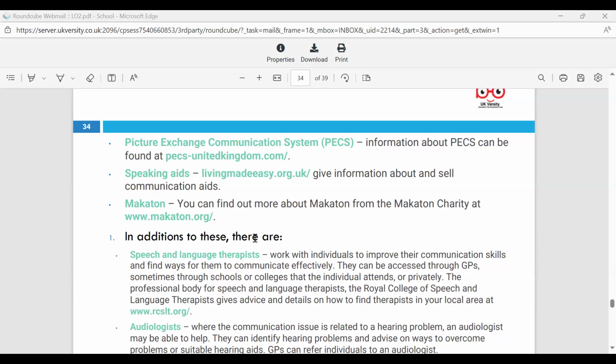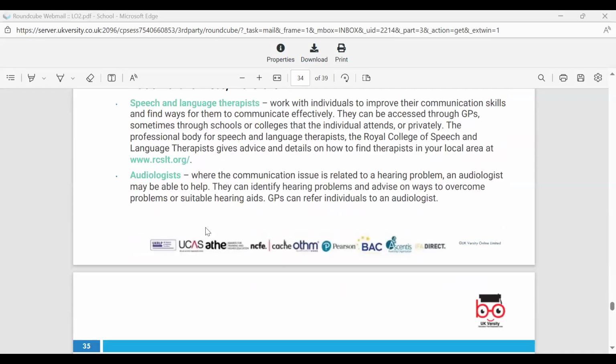Then speaking aids you can look at, which gives you information about speaking aids and why they're so important for people within health and social care settings. And then Makaton is there as well, a Makaton charity at makaton.org that looks at elements of that.